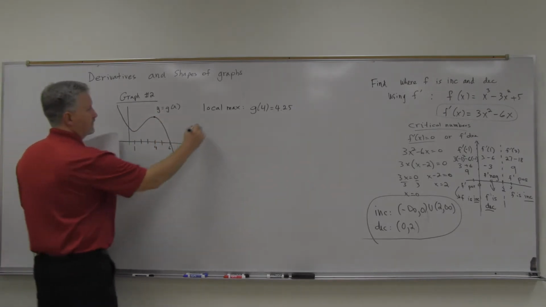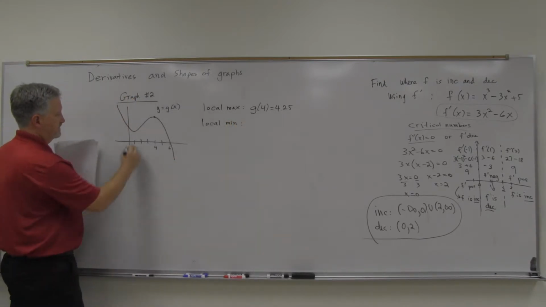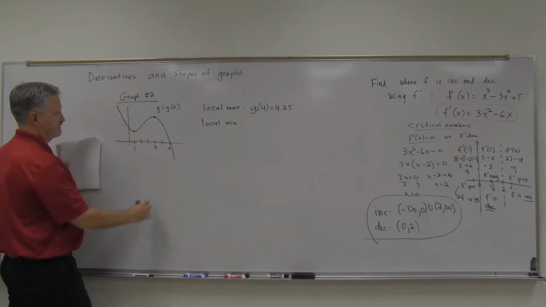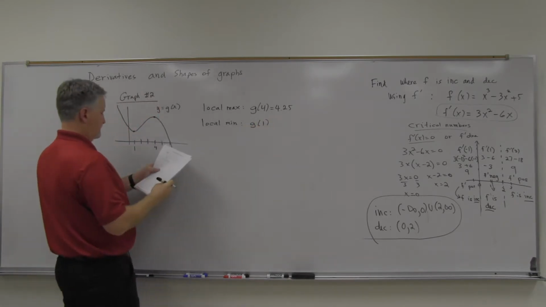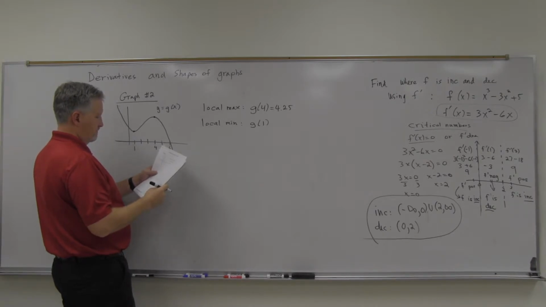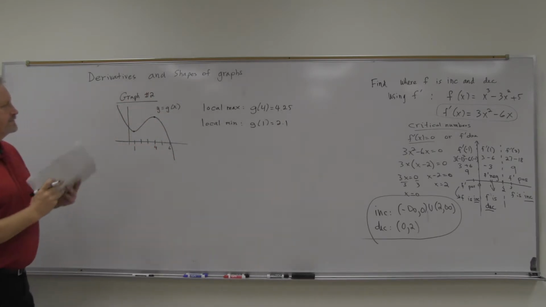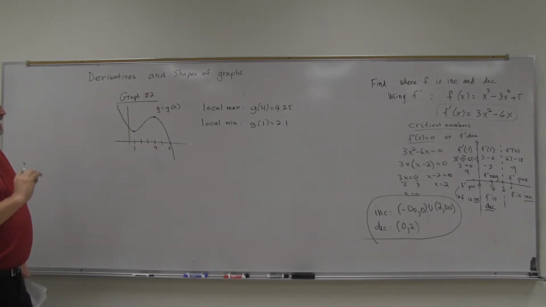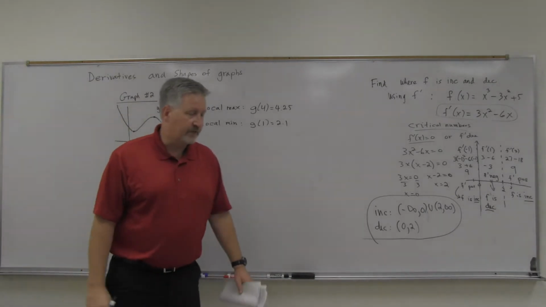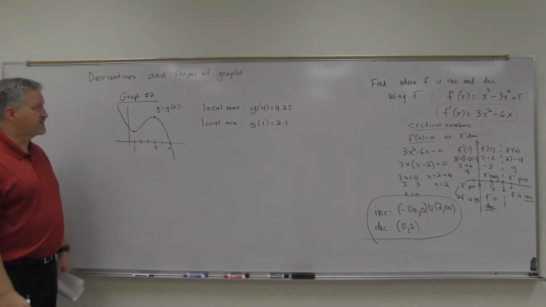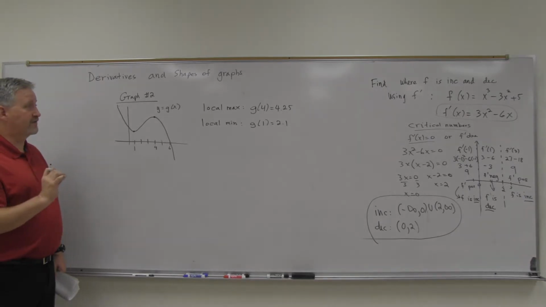All right. Then we also got a local min at g of 1. And g of 1, it looks like it's maybe 2.1, something like that. However, hopefully, as we were going through it, talking about local maxes and mins, what else do we have as far as the derivatives go?